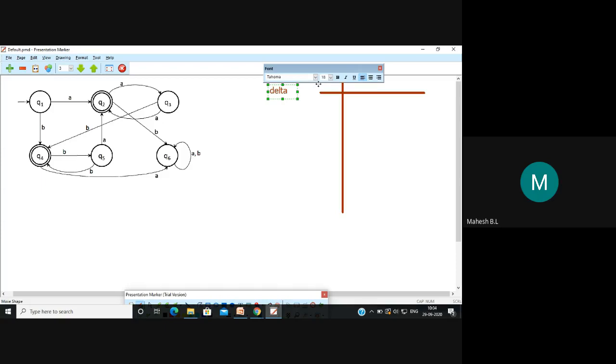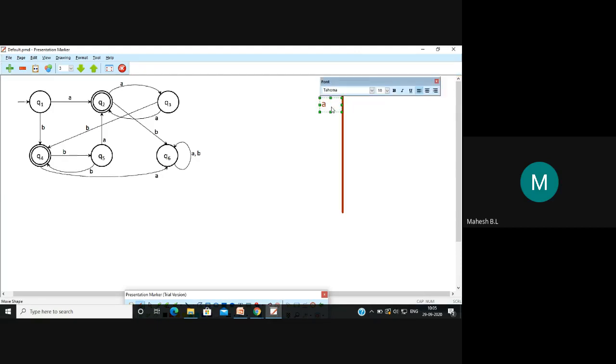As you can see, there are two symbols in the alphabet, one is A and another one is B. Now I'm going to label the rows with the states. There are six states from Q1 to Q6.